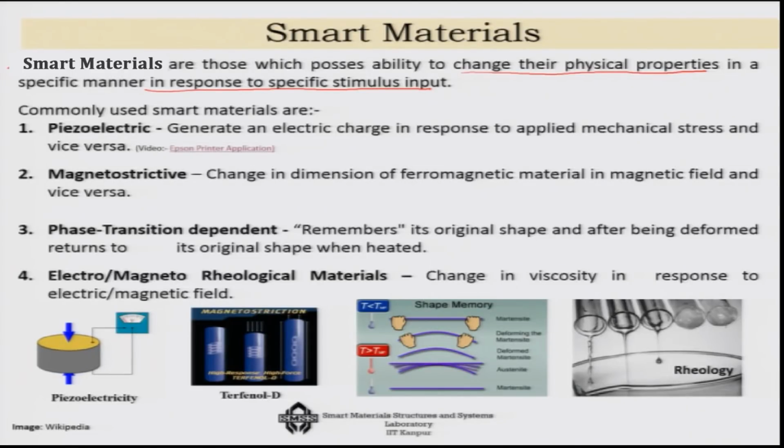Like I told you, piezoelectric material is one such smart material which can generate an electric charge in response to applied mechanical stress, and also it can generate mechanical strain in response to the application of electric field.